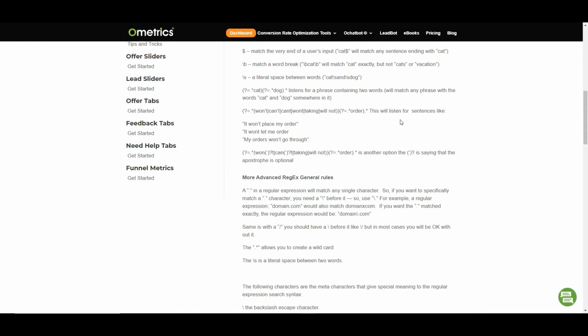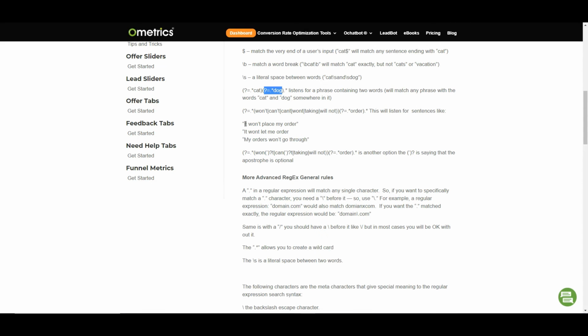So here are some more complex regex that's very useful. If you have a sentence, and in that sentence you want to track cat and dog anywhere in that sentence or phrase, then you'd set it like this. And then you put your second word here. Now if you have a number of terms, then you would set it like this. And here's an example of how we would use it.